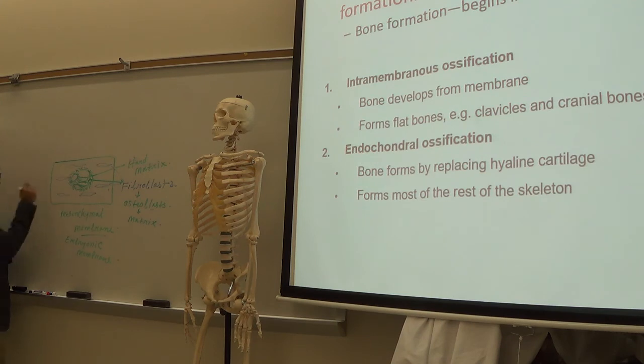So what will happen? Osteoblast will become osteocyte. So this is osteocyte. Osteoblast will get smaller and will become what? Osteocyte, mature cells, old cells. But the matrix is hard, right? So what will happen?